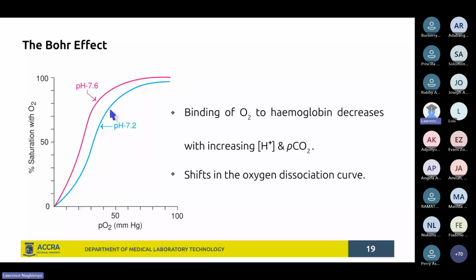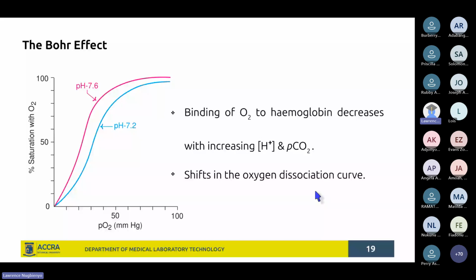So you see the curve shifts to the right, and you see that to about maybe 50 millimeter mercury of saturation. But at pH 7.6, somewhere around 25 thereabout millimeter mercury, you are having the curve being saturated. So that is an effect that is referred to as the Bohr effect.